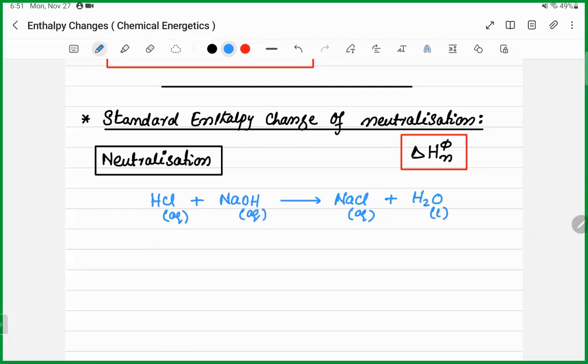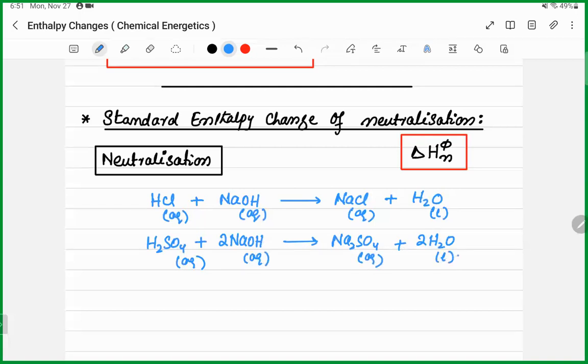Now this one, H2SO4 plus 2 NaOH forming Na2SO4 plus 2 H2O. Aqueous, aqueous, aqueous and liquid.